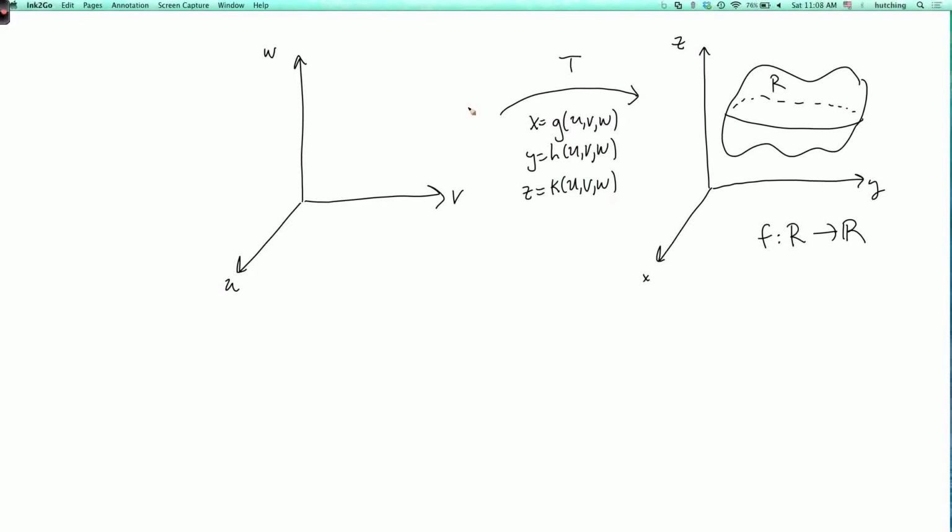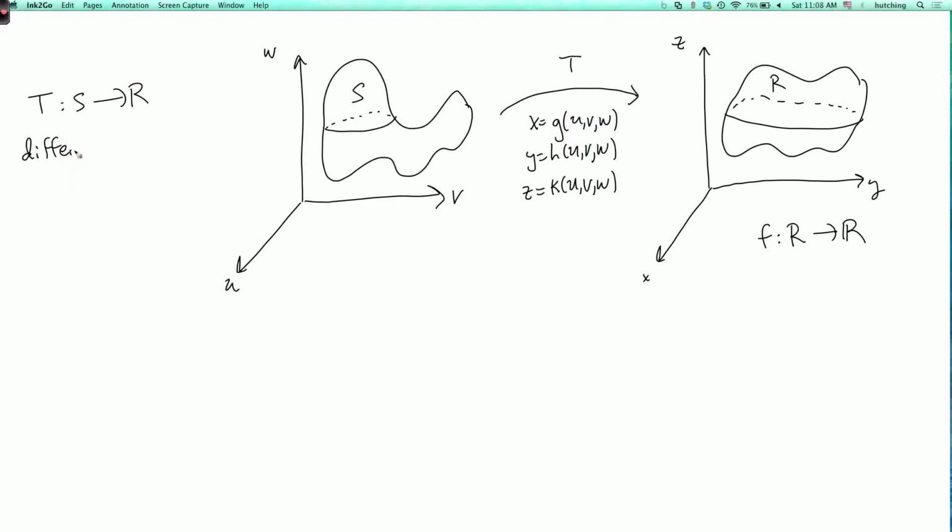And the region R corresponds to some other region, S. Okay, so T from S to R, we're going to assume is a differentiable bijection.